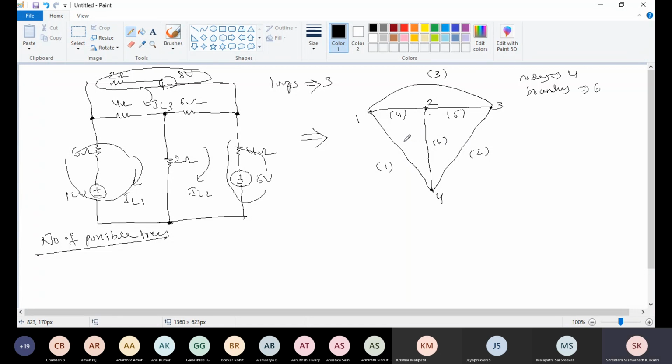In the first class in network, we have studied this. First we need to calculate the incidence matrix, then multiply it with the transpose of that incidence matrix; that is the number of possible trees.